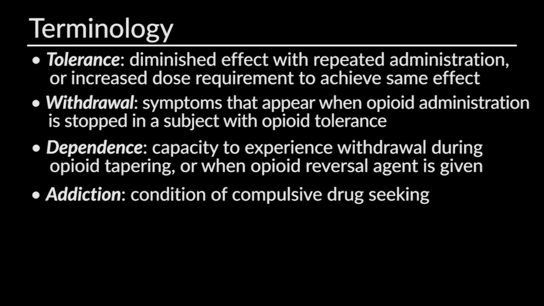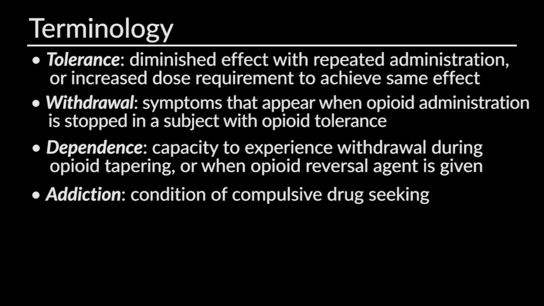Tolerance, withdrawal, and dependence may coexist with addiction, but they need not. For example, a patient receiving opioids for advanced cancer or during intensive care may become tolerant and dependent, and they may experience withdrawal if dosing is tapered too rapidly. But these subjects may never develop craving or euphoria or drug seeking or any of the other features that are common for addiction.